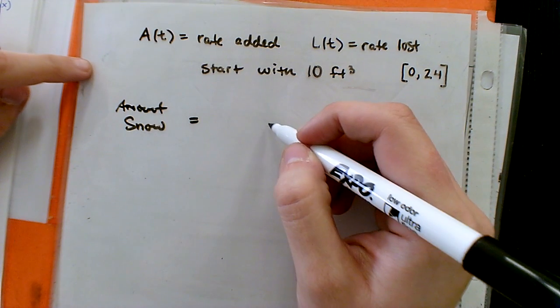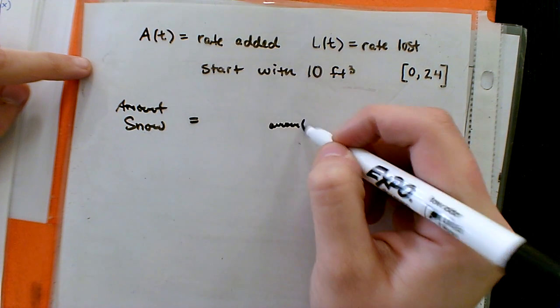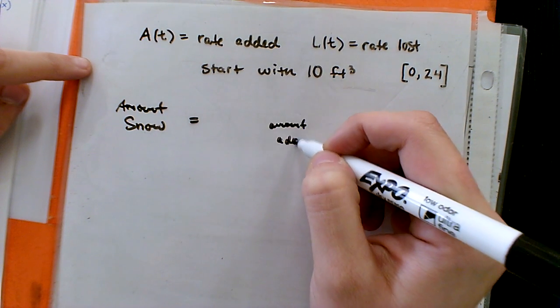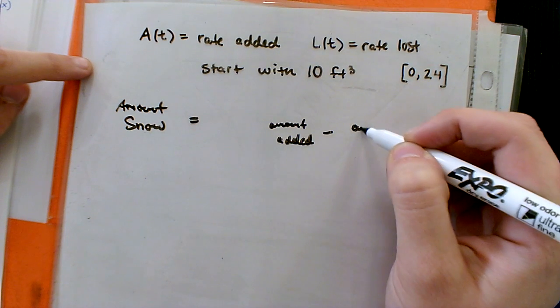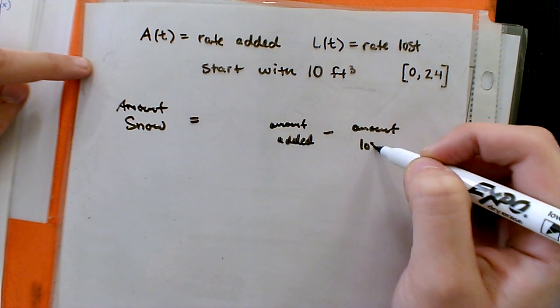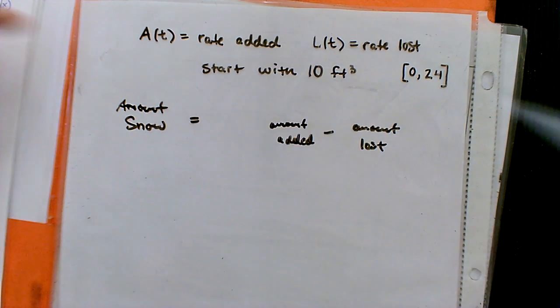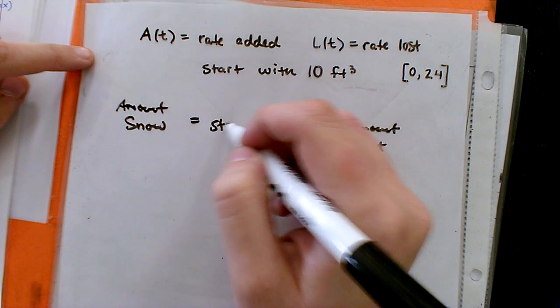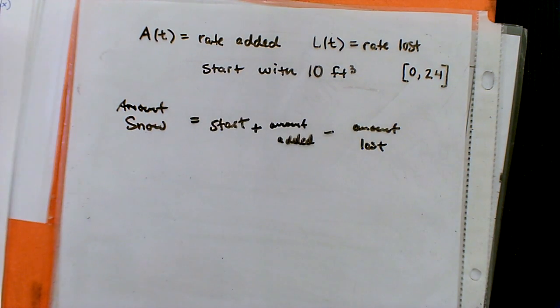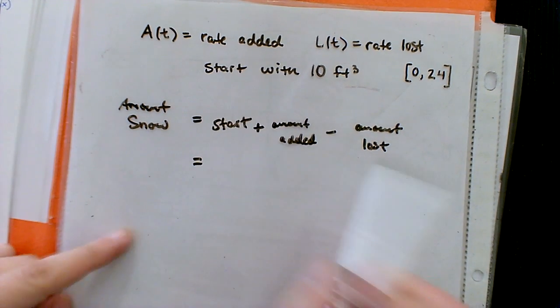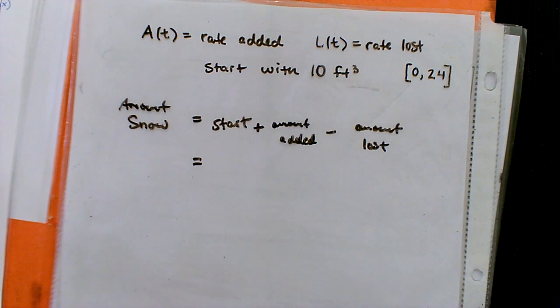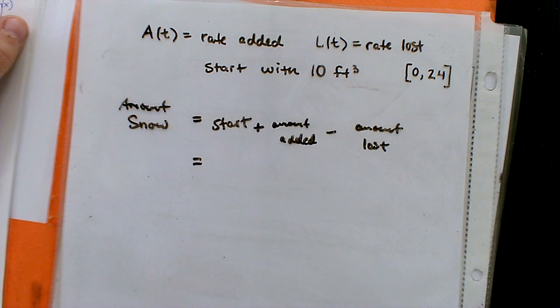Okay, so we need the amount added minus the amount lost. You also need to add the 10 because that's what you start with, plus the start. Can we take that English sentence and translate it into mathematical notation with the information we have at the top?